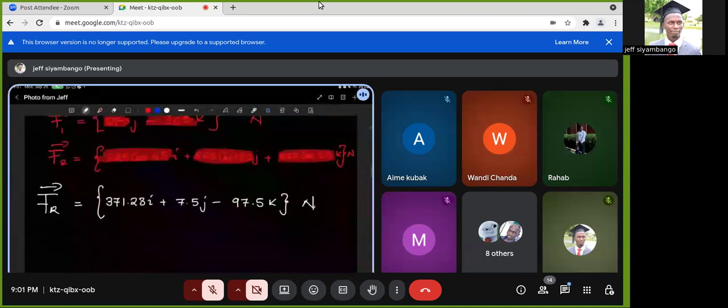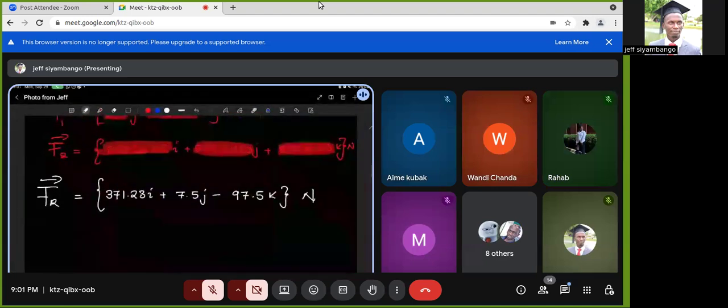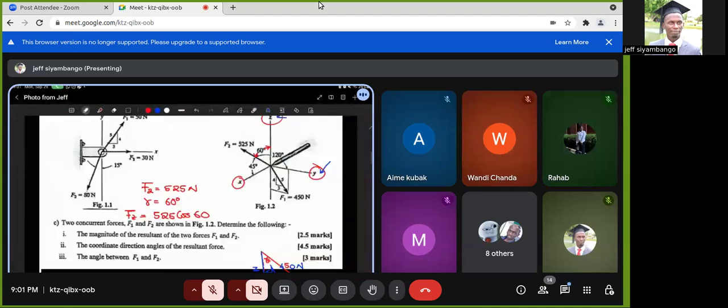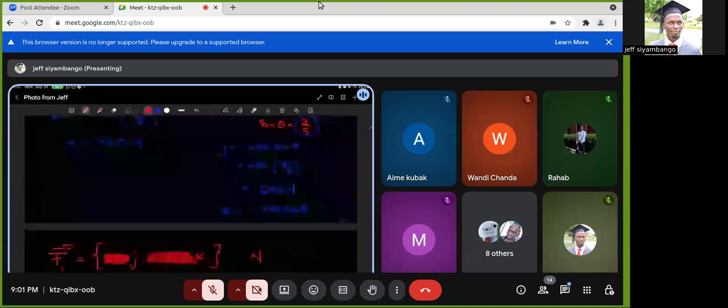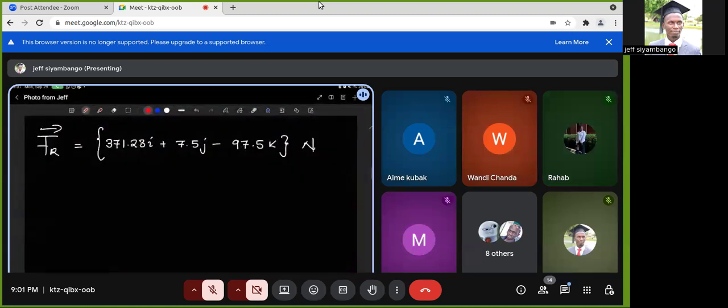So once you've done that, you add your force. Remember the goal. The goal is to get the magnitude of the resultant of the two force vectors. So we're keeping going for this. It's magnitude. So to get the magnitude of the resultant, you can use Pythagoras theorem. Okay.